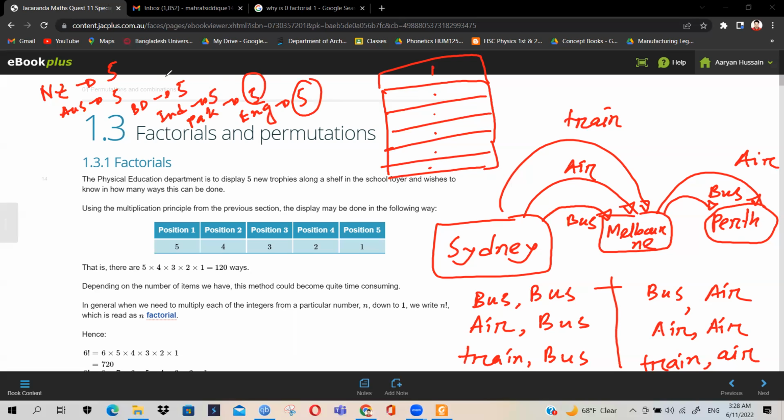Actually not, because in one particular match we will have two teams playing together. So in this case, the permutation will be 6 times 5 upon 2.